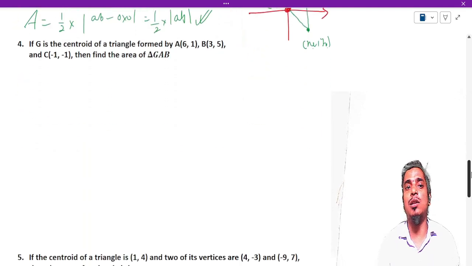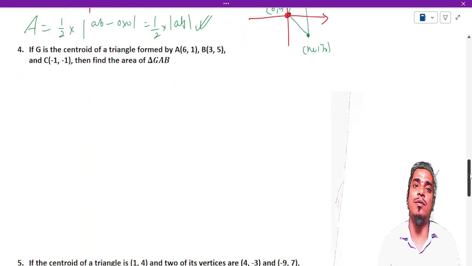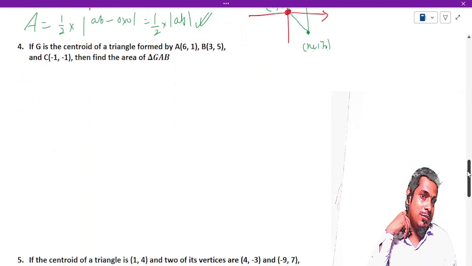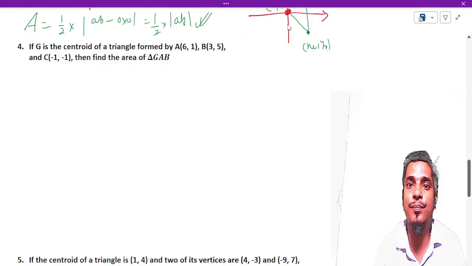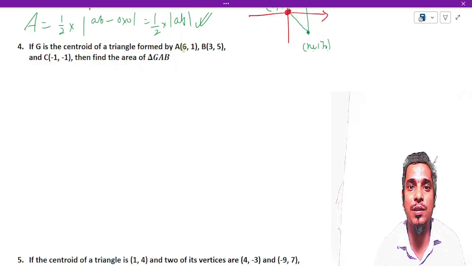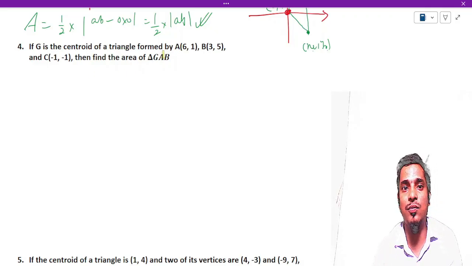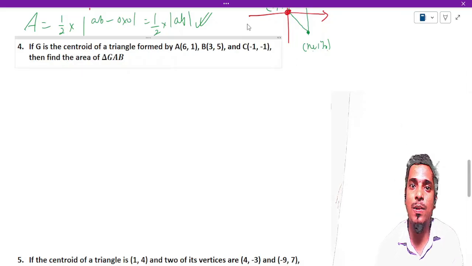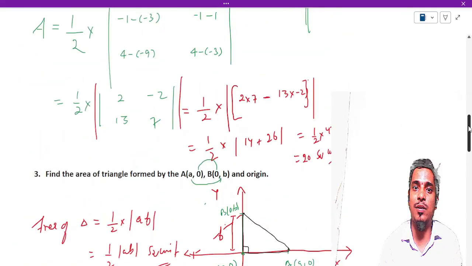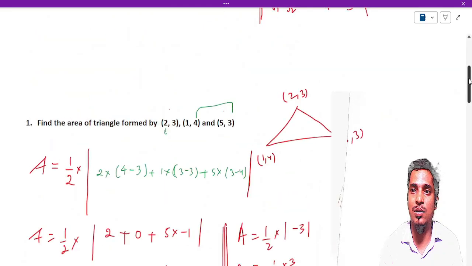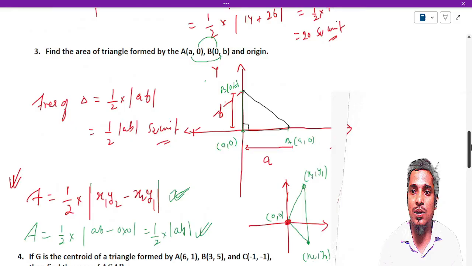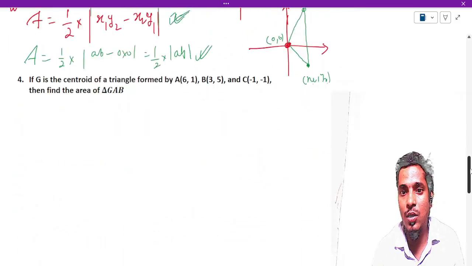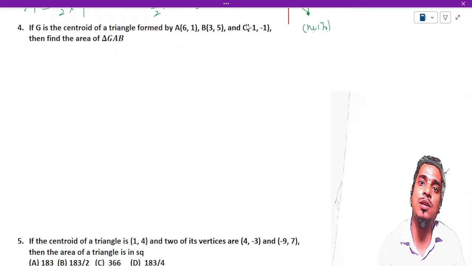Now let's try to solve this question in which we are given that G is the centroid of the triangle ABC. Then find the area of the triangle GAB. So over here, one thing we have to understand is how to deal with the centroid. Let me just take a triangle.